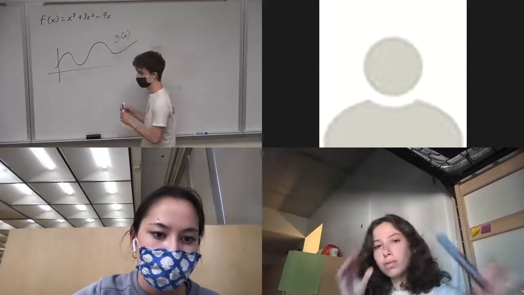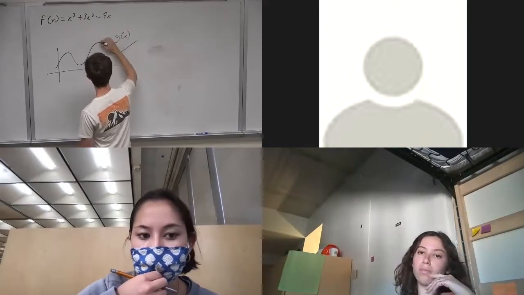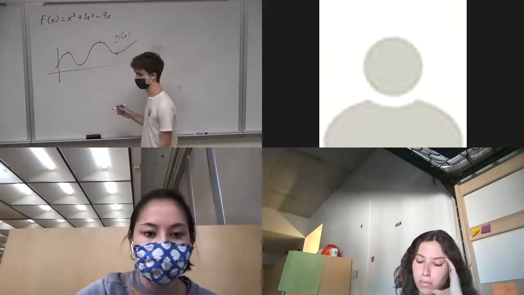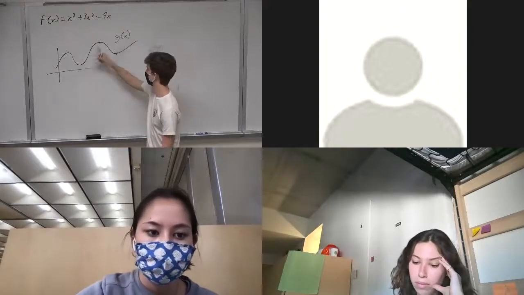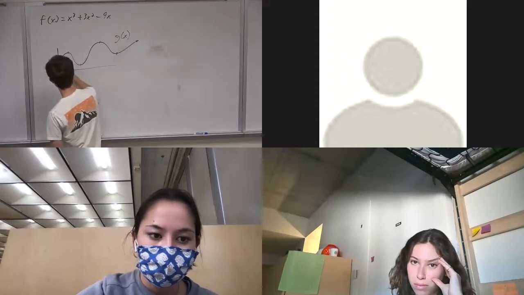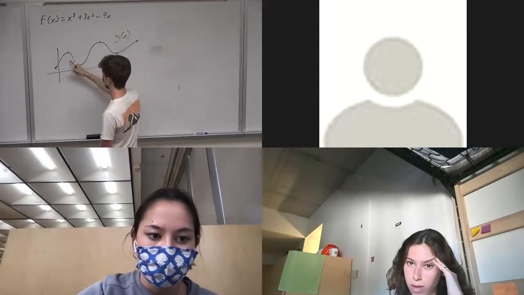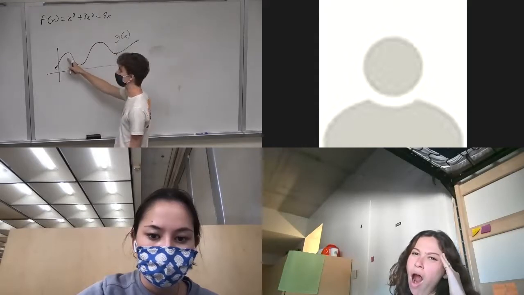Critical points are either locations where you have local minimums or maximums, right? So here, etc. Or you have these inflection points where the function changes from being concave up to being concave down.